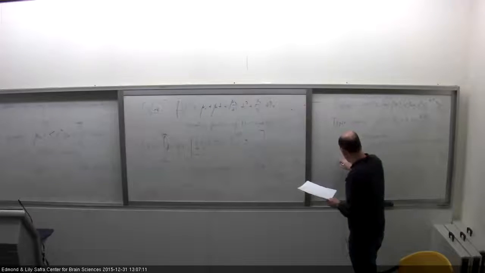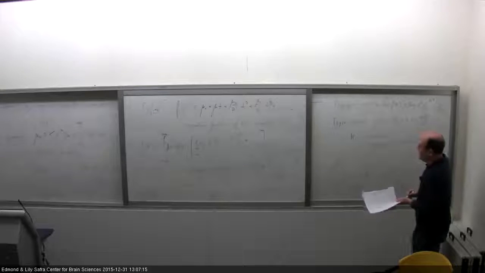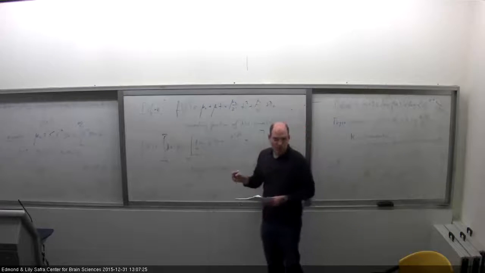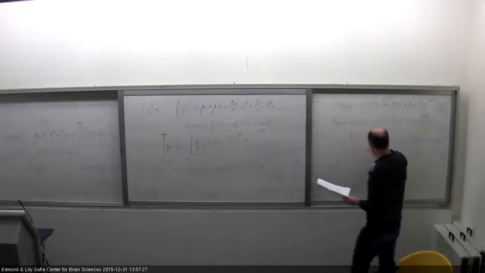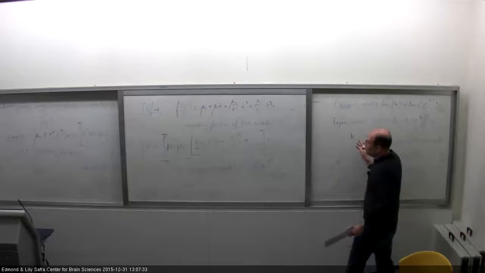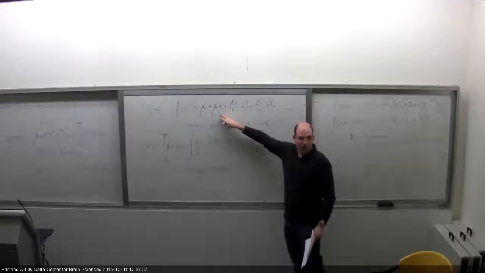But remember, G is just the log of F. So if you want to find the relationship between the cumulants and the moments, we need to take this function, take the log of this function, and expand it around 0.